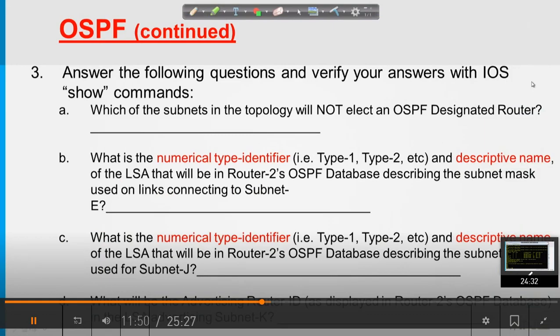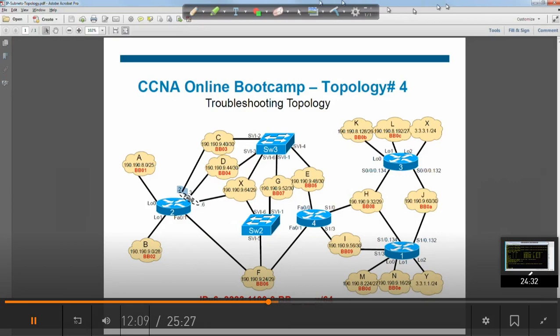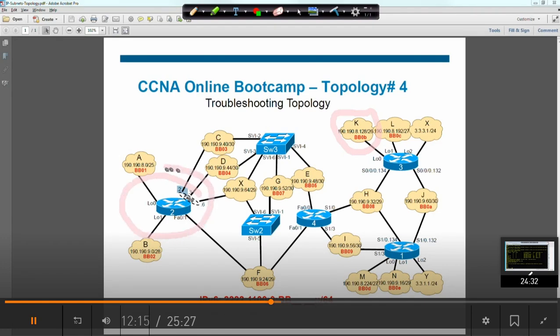What will be the advertising router ID as displayed in Router 2's OSPF database in the LSA advertising subnet K? Subnet K. What do you think? So now we're talking about this subnet right here. And when we look in Router 2's database, who advertised that to him?